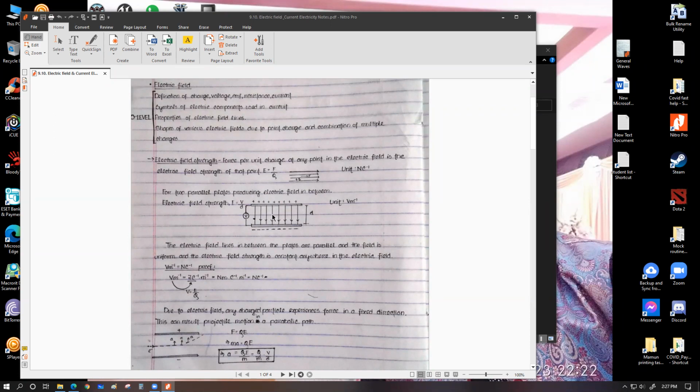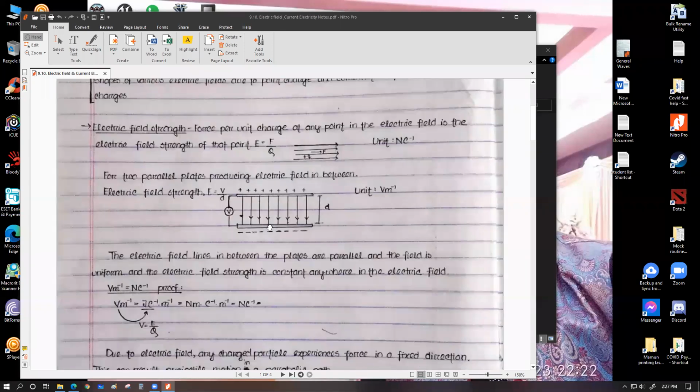Special case: if we have a parallel field or a uniform field, which in this case is shown to be created using two metal plates having a voltage of V across them and a physical distance of D between them, then within the space between the two metal plates there will be a uniform electric field, which means the electric field lines are going to be parallel and equidistant from each other.